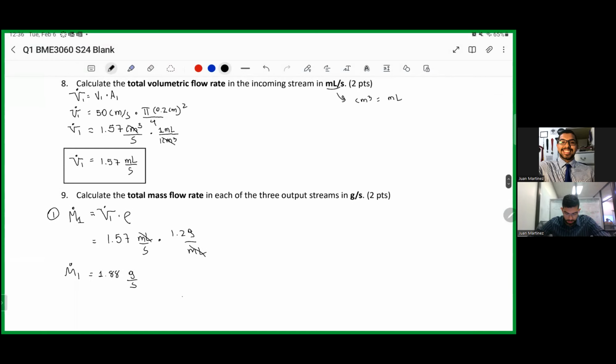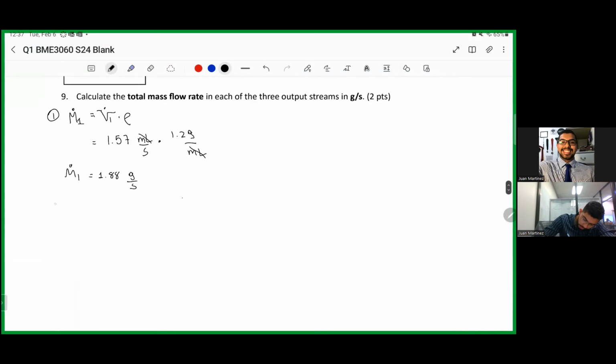Okay, so we know that. The second thing that I was talking about is that M1 is equal to M2 plus M3 plus M4. Since all these are equal, we can say that M out is equal to M2, M3, and M4, so M1, the input stream, is going to be equal to 3 times M out.